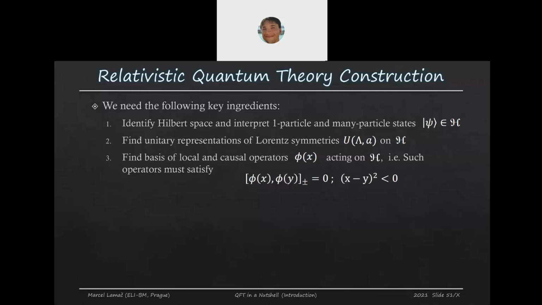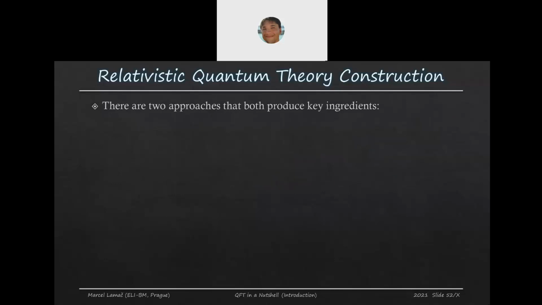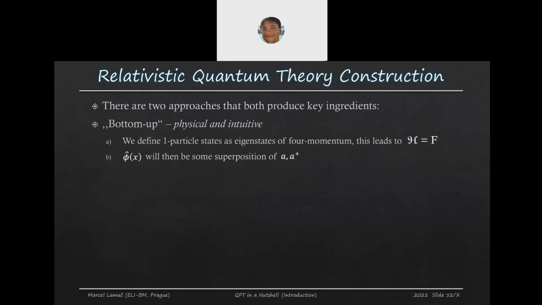And to illustrate such arrival at quantum field theory, we will attempt to exemplify these three on the most simple case. But first, let's check the approaches that there are for arrival at this quantization of field theory. There are two possible approaches that produce these key ingredients.